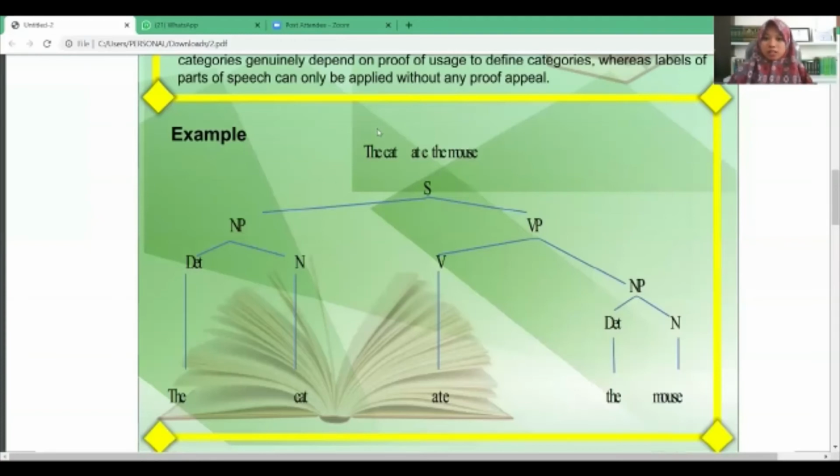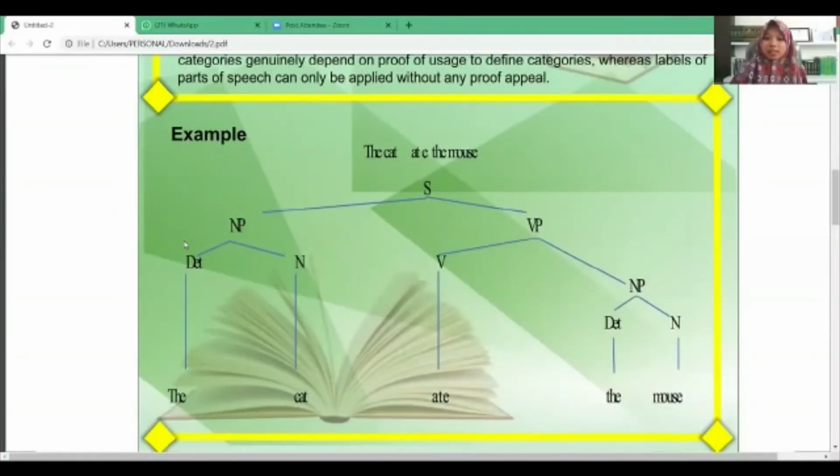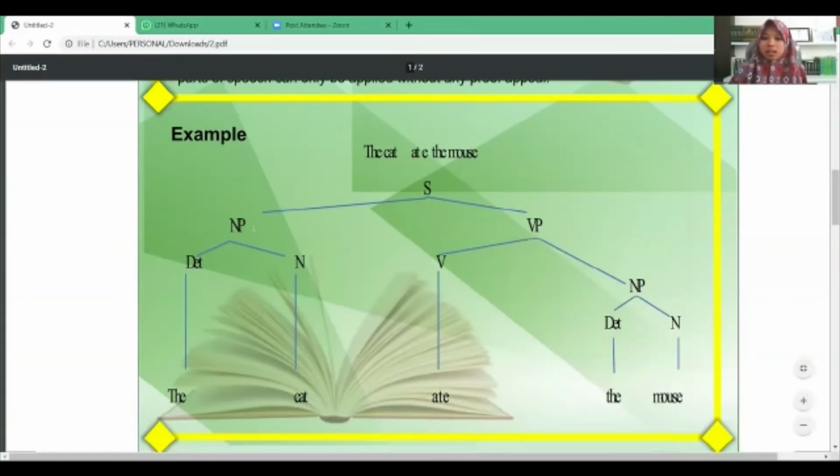Okay, now the cat ate the mouse here. Cat is a noun, and we have the here, the as a determiner, and the cat here makes a noun phrase because it contains a determiner and a noun.